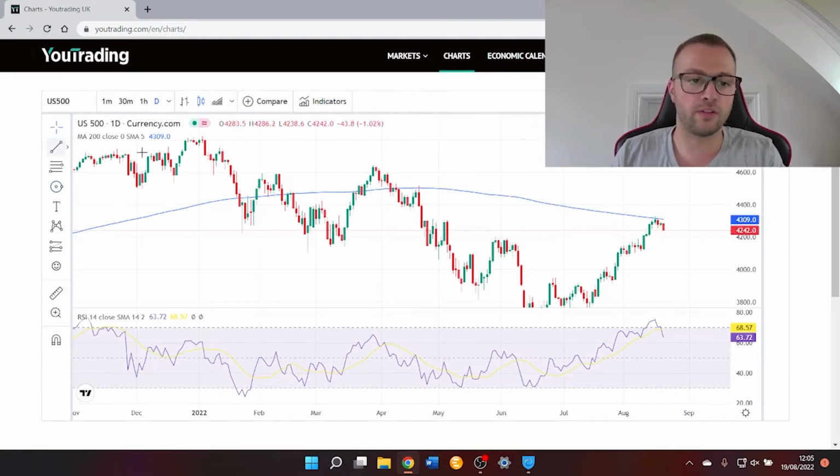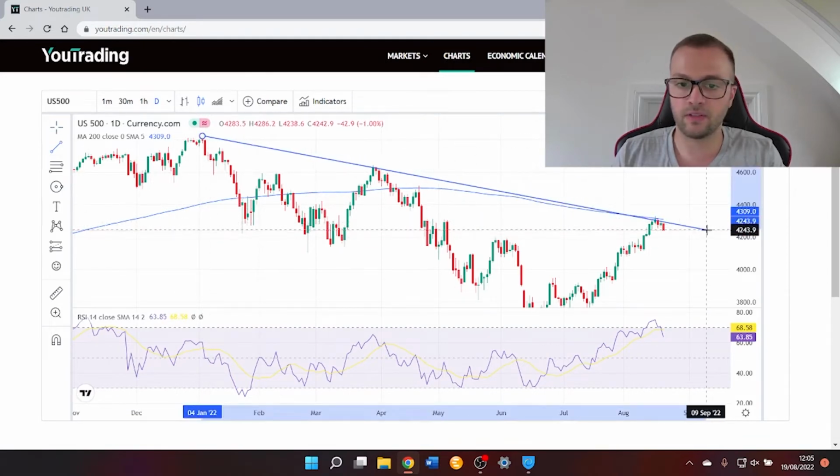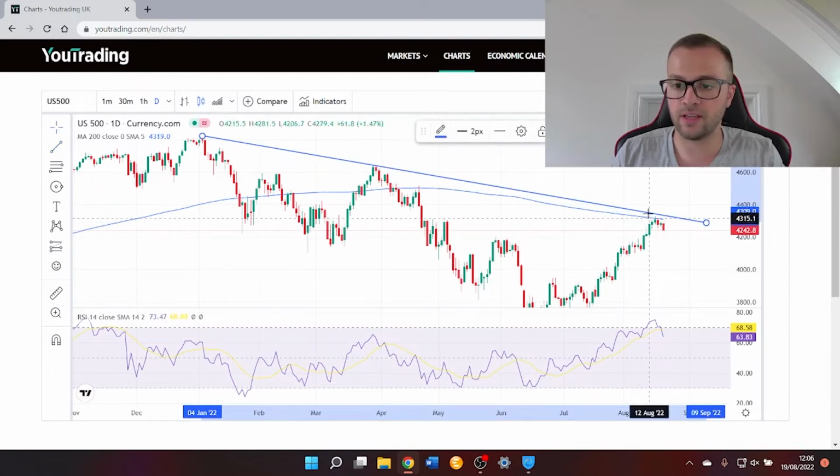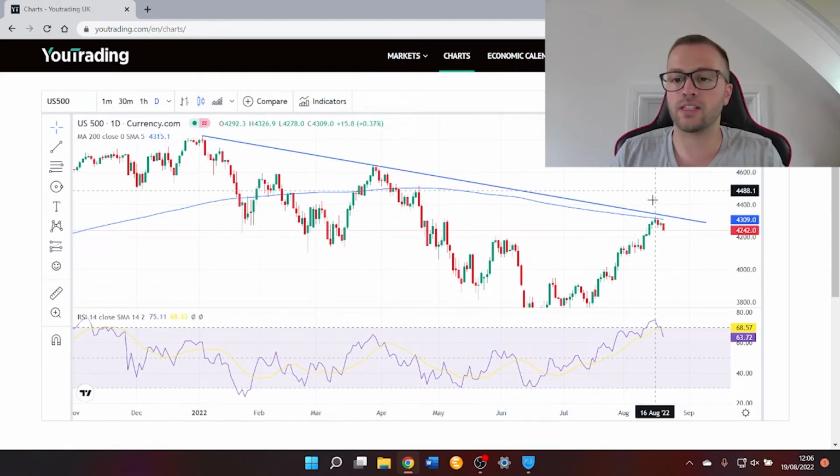But we've also found resistance at a trend line, or roughly so, in this area. You can see that there's been selling ahead of this trend line from the early January. Well, that was actually the record highs, then the late March highs. We've also found resistance there.